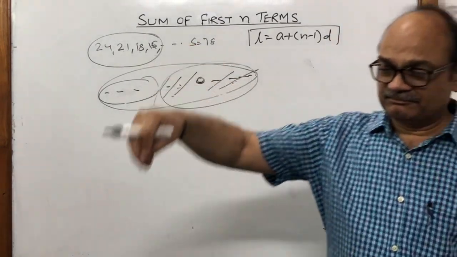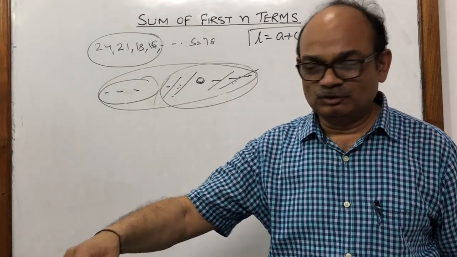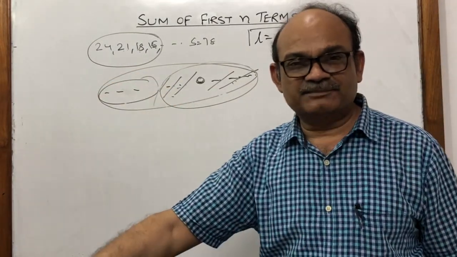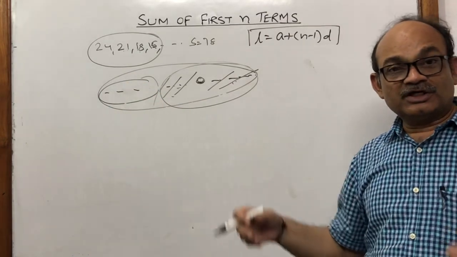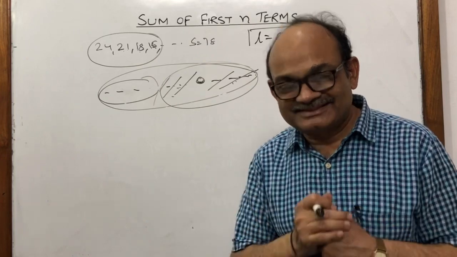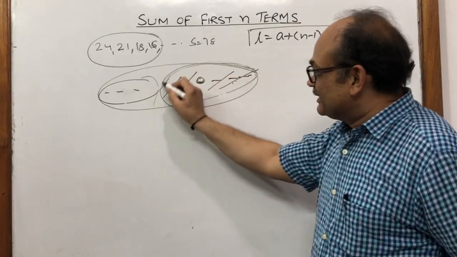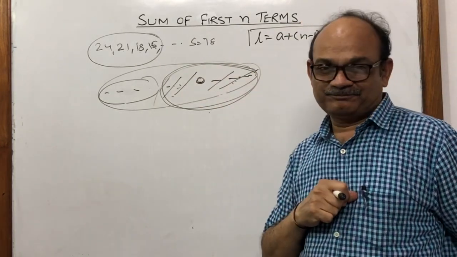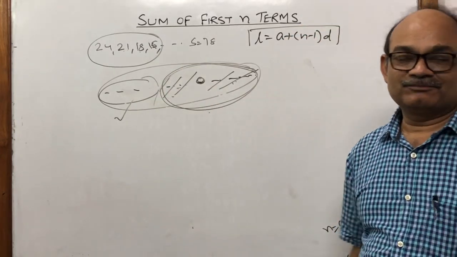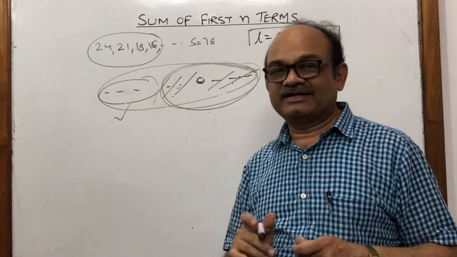You put 2 rupees in a piggy bank, another child took out 2 rupees. In the next one you put 5 rupees, another child took out 5 rupees. So 10 children, 5 put in and 5 took out, what is the total? 0. The same thing is here. So these 9 terms total 0. So the answer of 4 terms or 13 terms, both are acceptable. The reason is very clear.